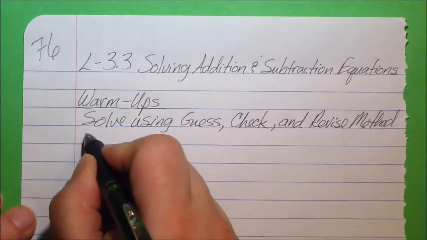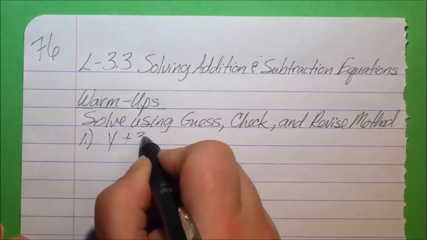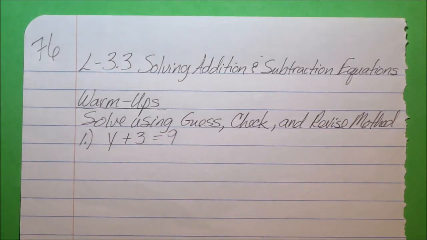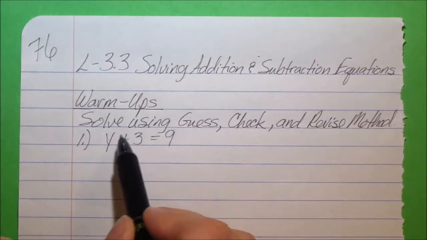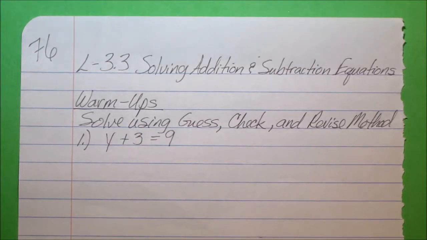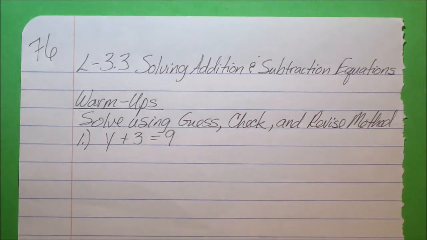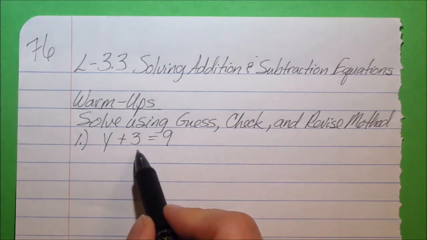All right, so number 1 is y plus 3 equals 9. Okay, well, what do you think the value of y is? You've been doing problems like this since you were in the 2nd grade, only usually they would show you something like a box where we're now showing you a variable, and you could figure out moving backwards. We're going to be calling that inverse operations. So let's see, 9 minus 3 is 6.